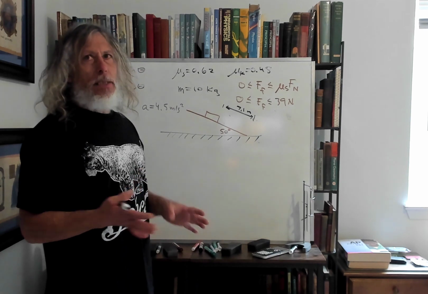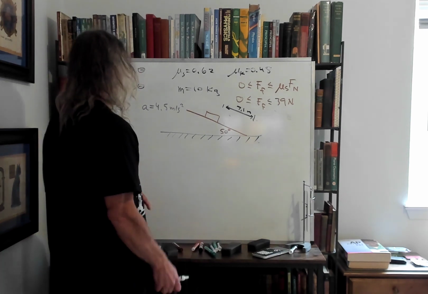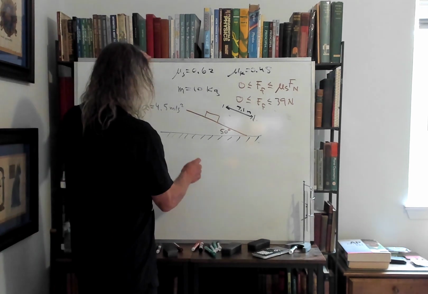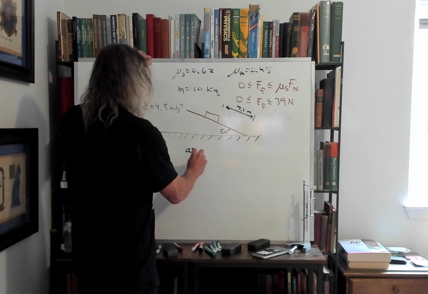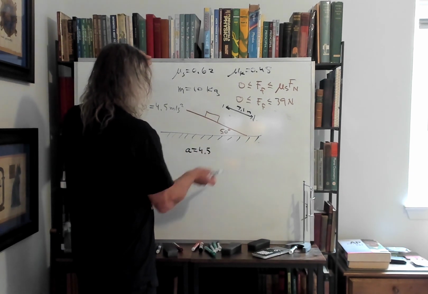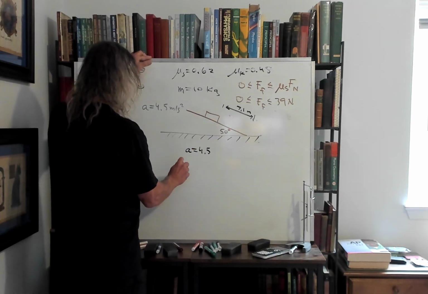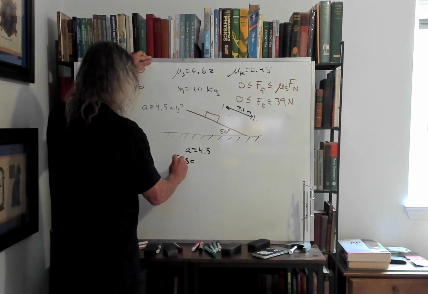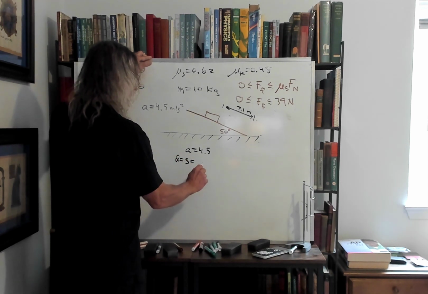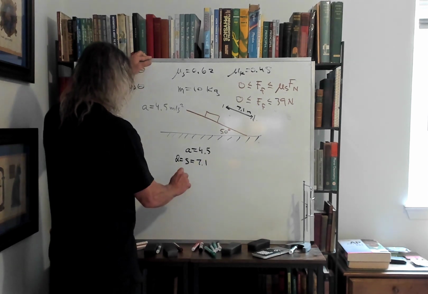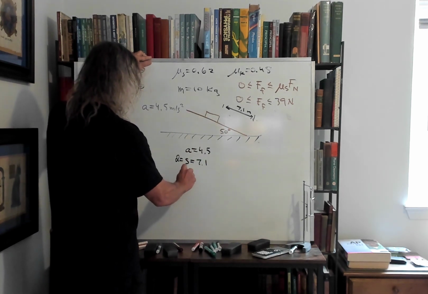We just use the information we have now and do our equations of motion. So, we know A is 4.5 meters per second squared. D, or S, D for most people, S in IB speak, is 7.1. It starts at rest.